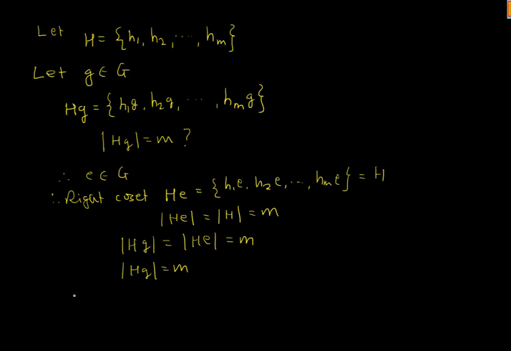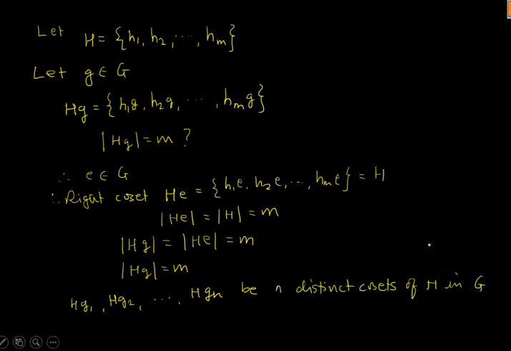So suppose Hg1, Hg2, and finally Hgn are n distinct cosets of H in G. Now we know that distinct right cosets of H create equivalence classes, and hence they provide a partition of G. Therefore, we may write G as the union of these distinct right cosets.